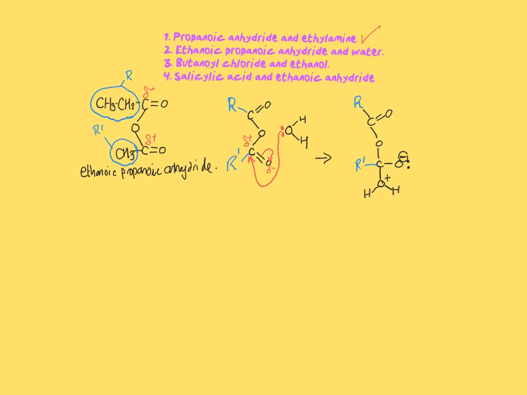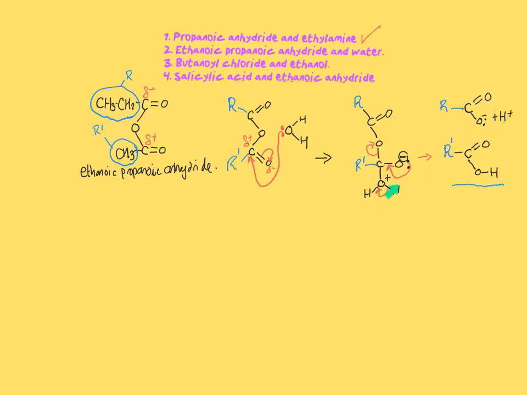As before, the leaving group is this part of the molecule, so the pair of electrons moves onto the oxygen atom. As these lone pair of electrons moves back down to reform the double bond, and therefore to cancel out the positive charge, it loses a proton as the pair of electrons is returned to the oxygen atom. So we're left with a molecule of a carboxylic acid here, and another molecule of a carboxylic acid here.